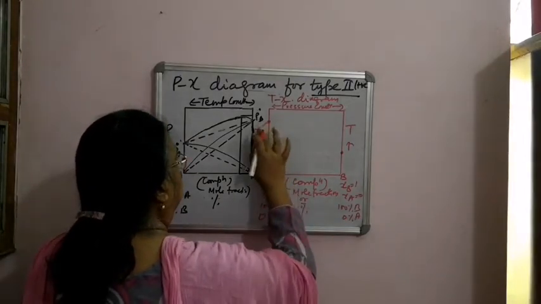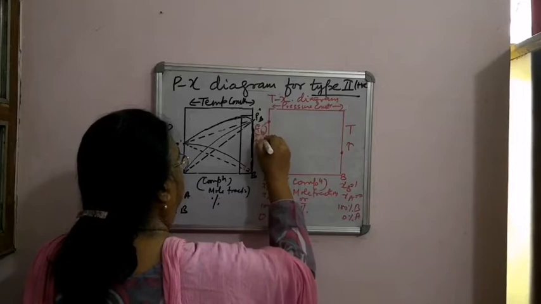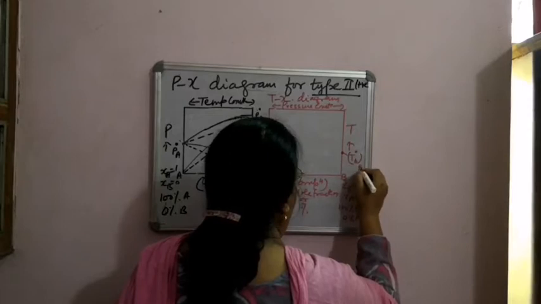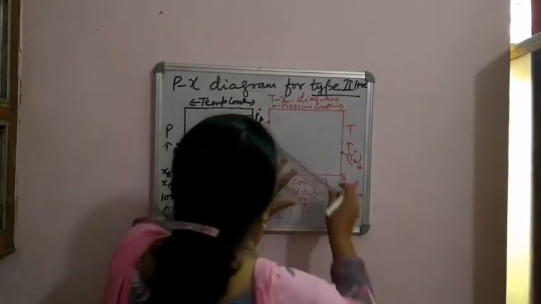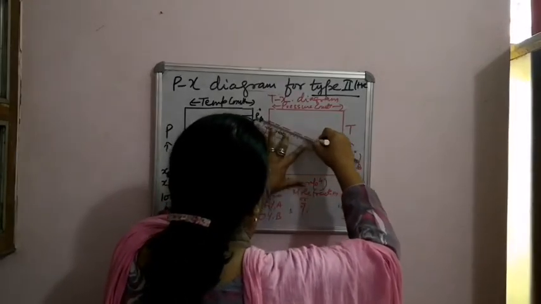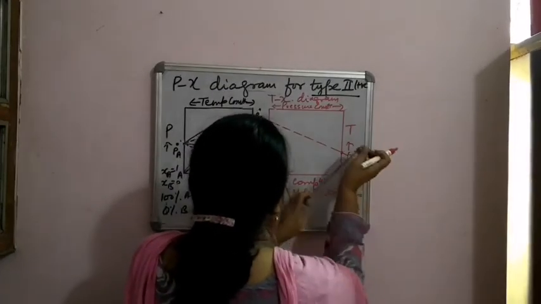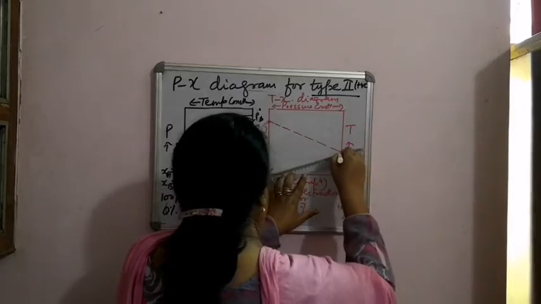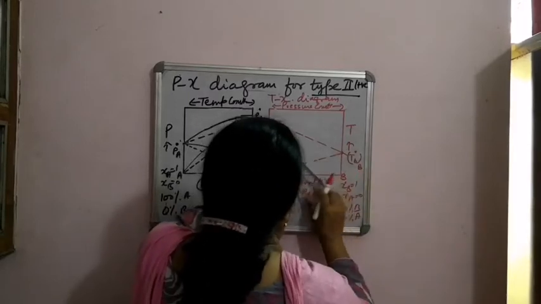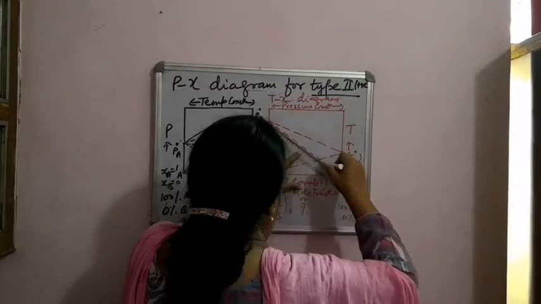So this is your T naught B for component A, and this is T naught B for component B. So ideal gas condition, ideal solution, you know that a dilute solution behaves like gases. This is for the ideal solution.